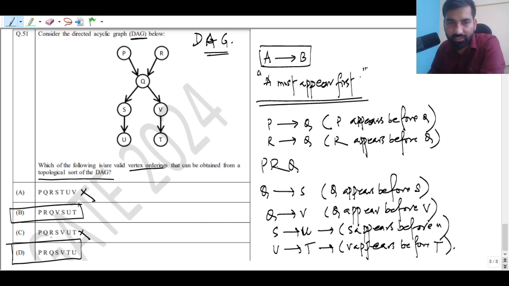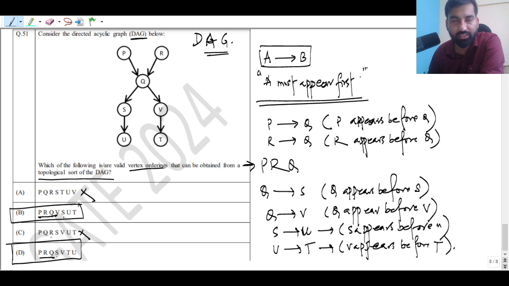Now let us write the possible ordering. PRQ is a correct sequence, and PRQ is given here as well. Q is directed to S, which means Q appears before S. In both options, Q appears before S, which is correct.